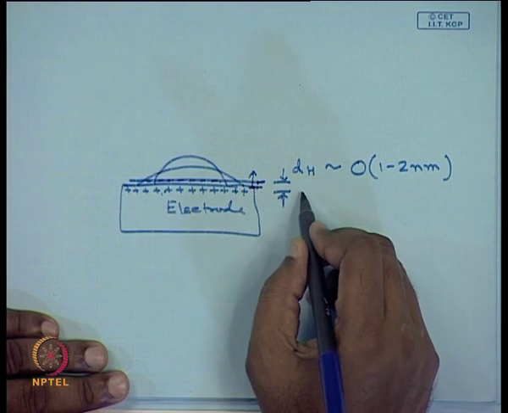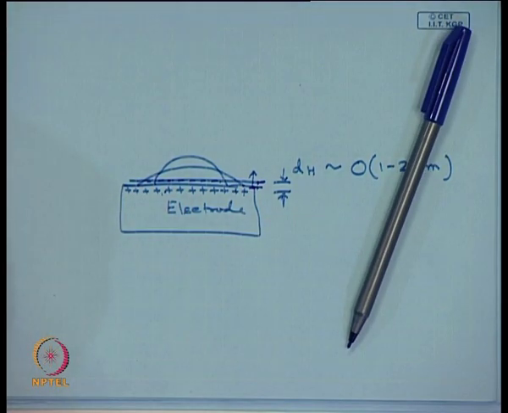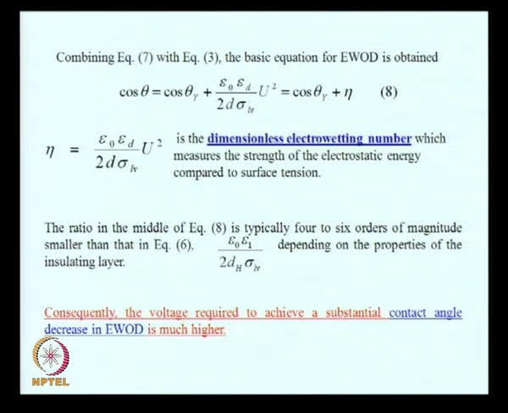So, this Helmholtz model has been used, and in this equation, the D in electrowetting is to be replaced by dH. Whereas, in the case of electrowetting on dielectric, the value of D is of the order of a few microns.